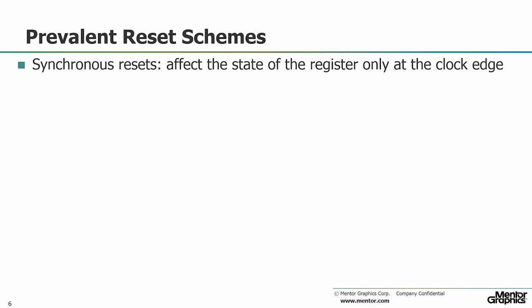Having established the significance of resets in the designs, we shall now look at various types of reset schemes used in hardware designs. Two types of reset schemes are prevalent: synchronous resets and asynchronous resets. Synchronous resets affect the state of the register only at the clock edge, as the synchronous reset is sampled with respect to the clock.